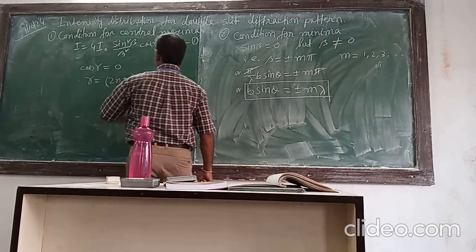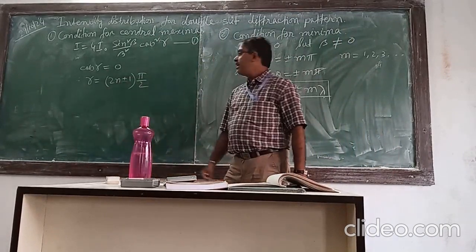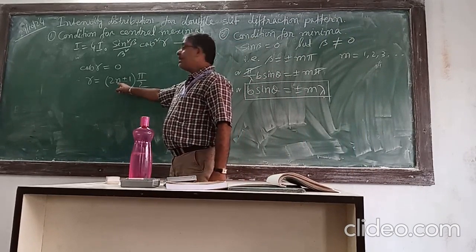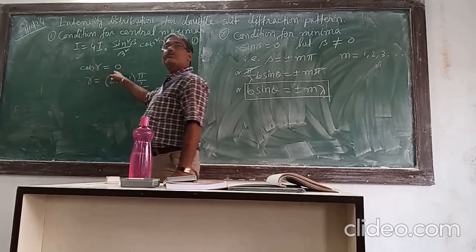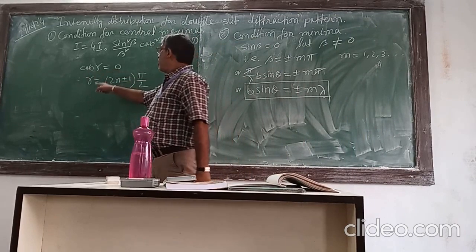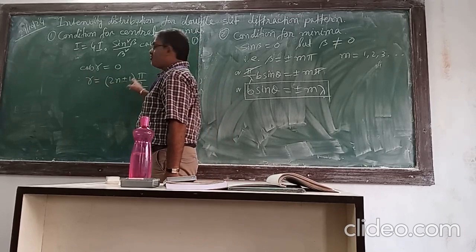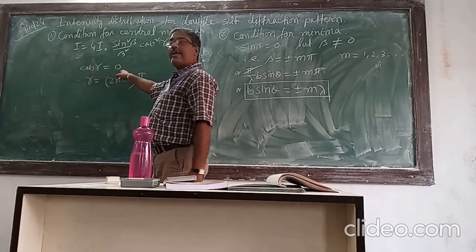Gamma equals (2n plus 1) pi by 2. Why? When n equals 0, it is pi by 2, and cos pi by 2 is 0. When n equals 1, it is 3 pi by 2, cos 3 pi by 2 again 0.